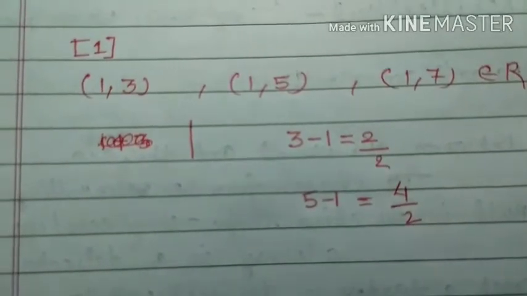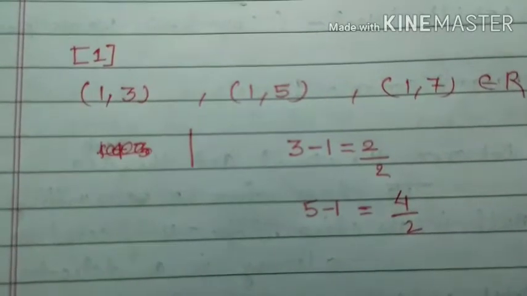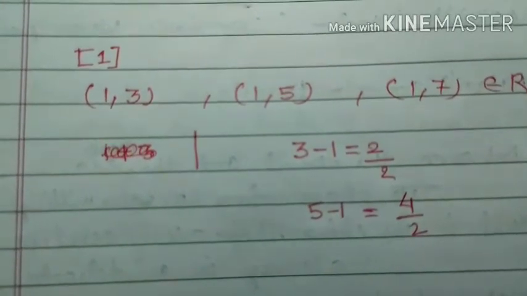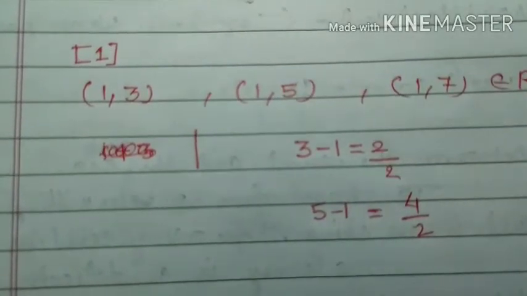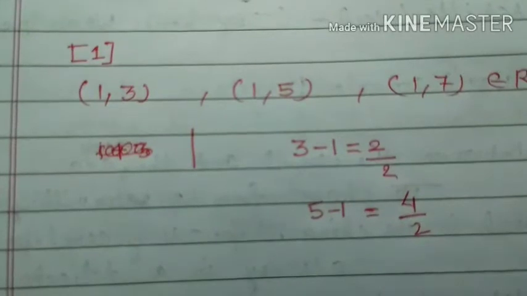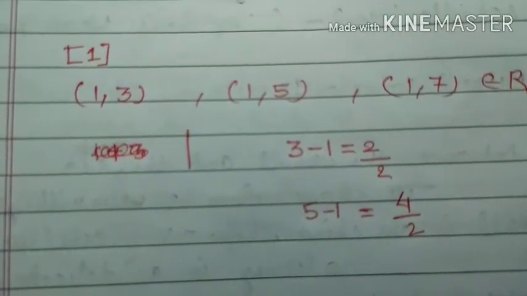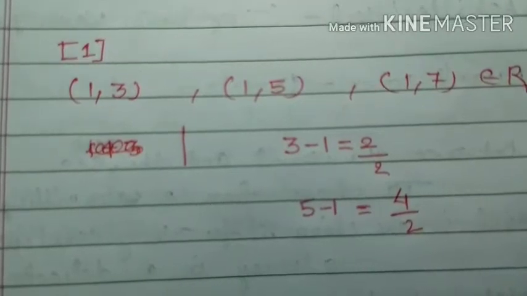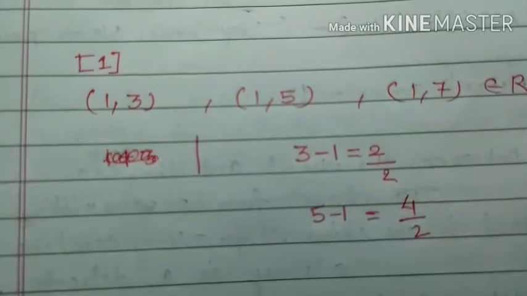Because when you subtract 1 from 3, you will get 2, a number divisible by 2. Similarly, 5 minus 1 will give you 4, which is divisible by 2. That's why these ordered pairs are related to, or belong to, R. So we call this one an equivalence class.